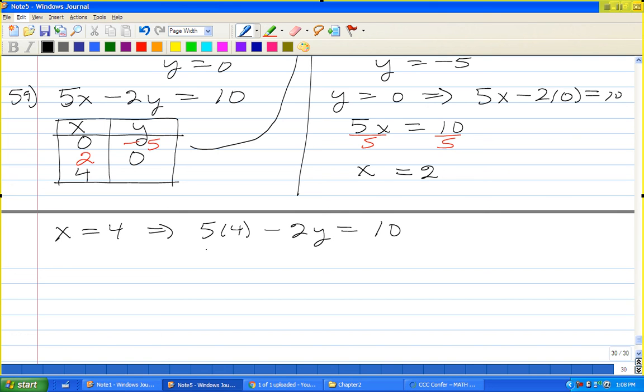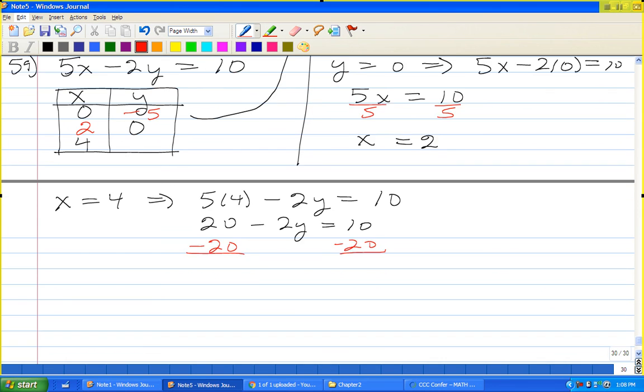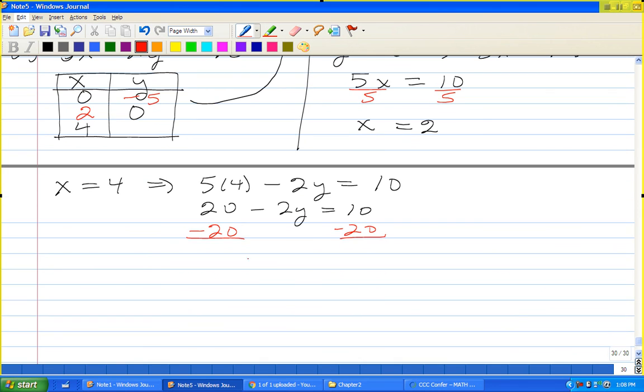And so 5 times 4 is 20, minus 2y is 10. Subtract 20 from both sides of my equation. So negative 2y equals negative 10. Divide both sides of the equation by negative 2. So y is equal to positive 5.